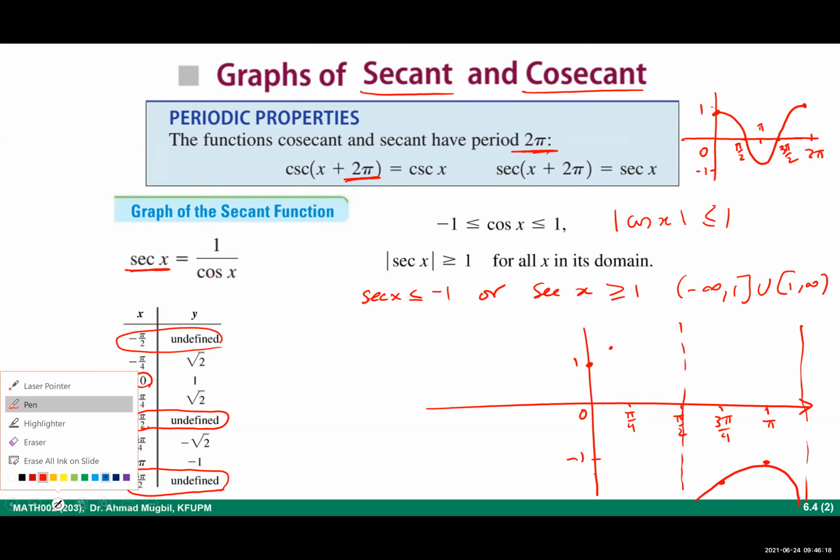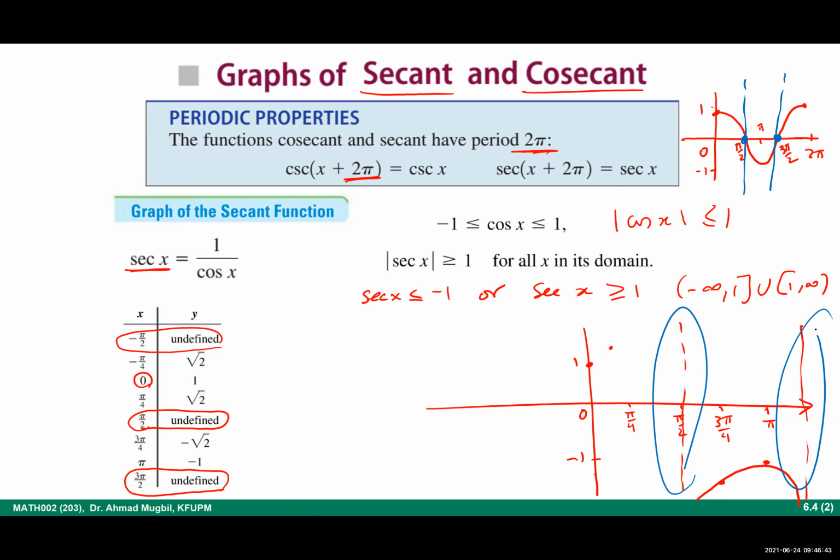What you will do to sketch the graph of secant, you will ask yourself, where are the x-intercepts of the graph of cosine? This means that cosine here is 0. Cosine at π/2 is 0. So what we will do here, we will draw a vertical asymptote. Now these will be the vertical asymptotes that we draw here. Look, these are the vertical asymptotes of the graph of secant.